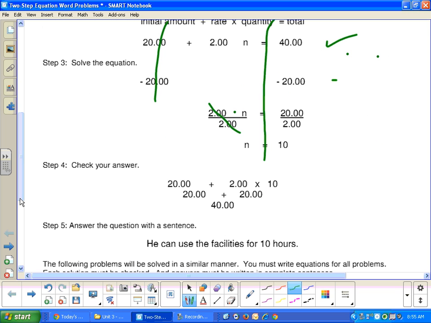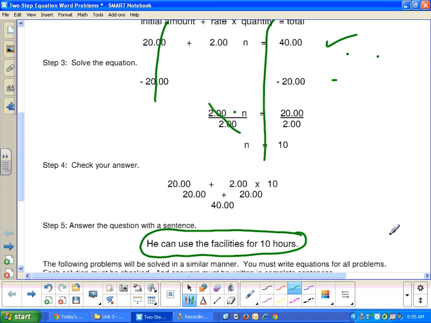Another important part is you need to write this in a sentence. Because this is what tells you, did you find hours, did you find days, did you find money, what is it? He can use the facilities for 10 hours. And this is how you will see answers a lot of times on the STAR test. It won't just have a number.